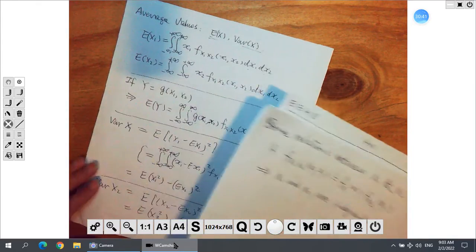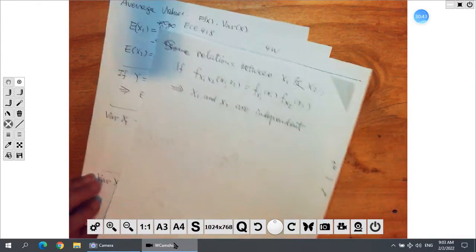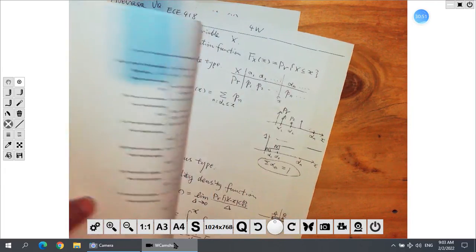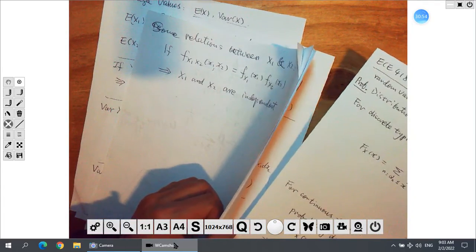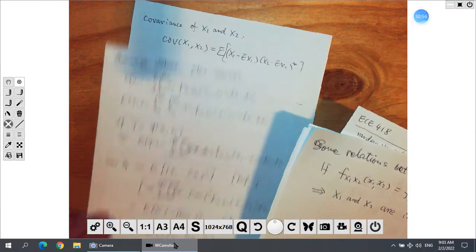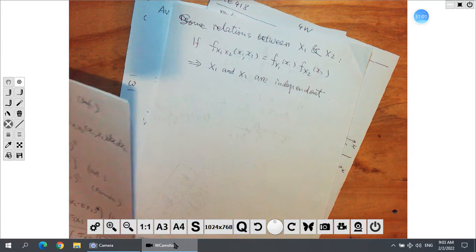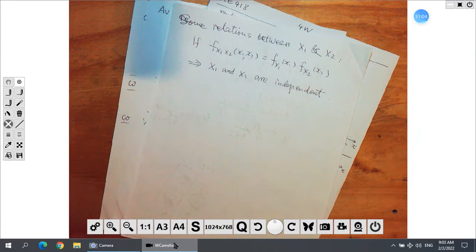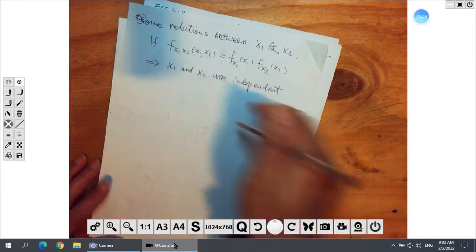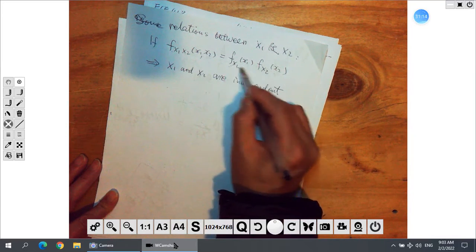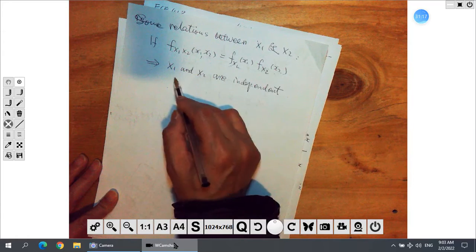So in this case, if the joint density can separate as a multiplication of two, then we call them independent.